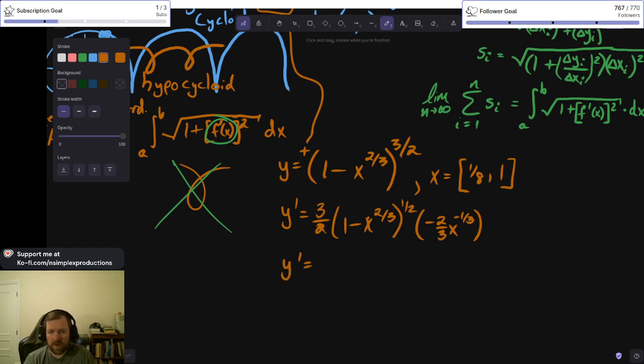So y prime is equal to, here we've got a 2/3 times a 3/2, so we're just going to get a negative x to the negative 1/3 times the quantity 1 minus x to the 2/3, all raised to the 1/2 power.